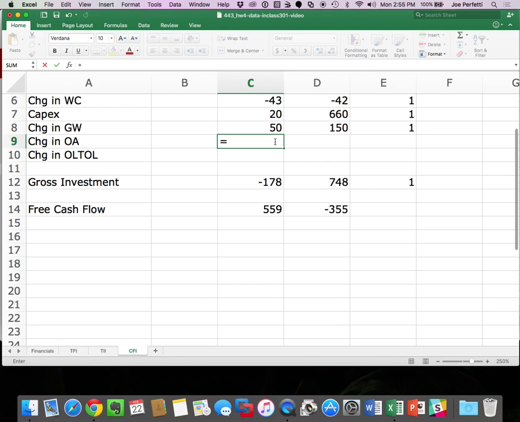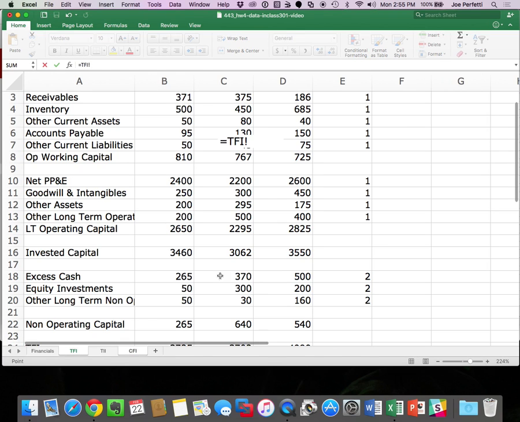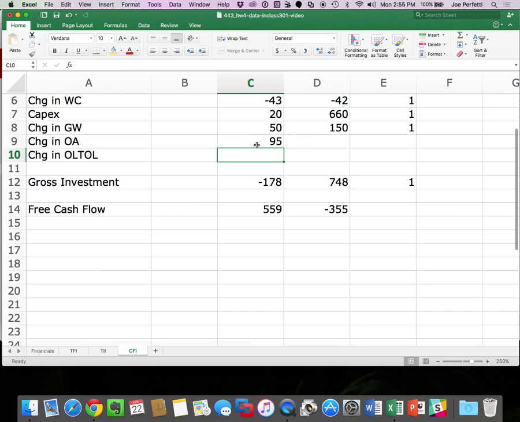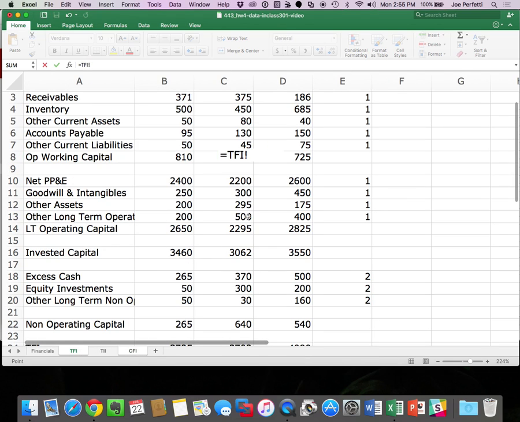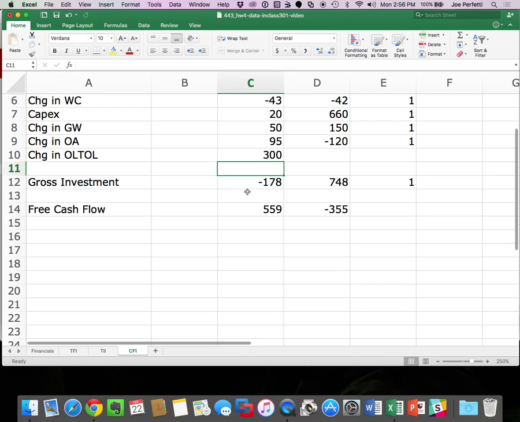So my other assets went from 200 to 295, they went up by 95. And my other long-term liabilities went from 200 to 500. Now, here's where we have to make a choice about signs.